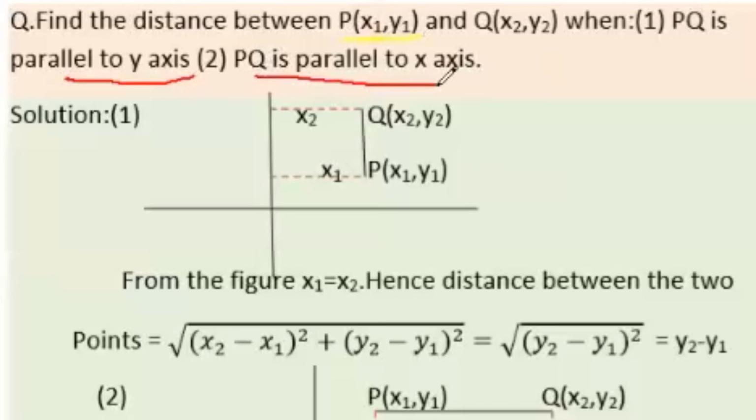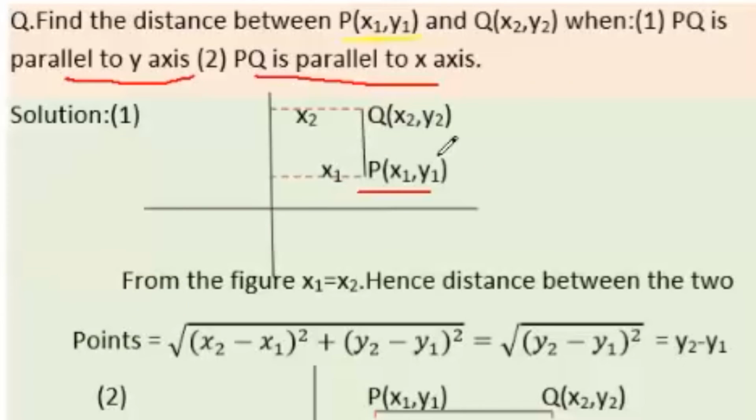So first of all, we'll plot the first point P x1 y1 and then the second point Q x2 y2 on the graph. So let this be the point x1 y1 where x coordinate is this x1 and Q is x2 y2, x coordinate is this x2.